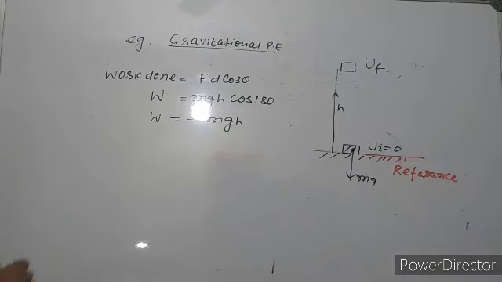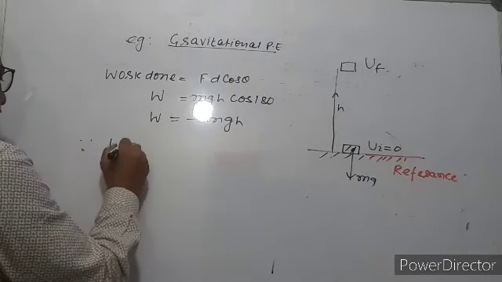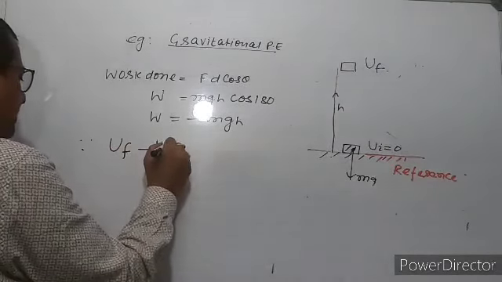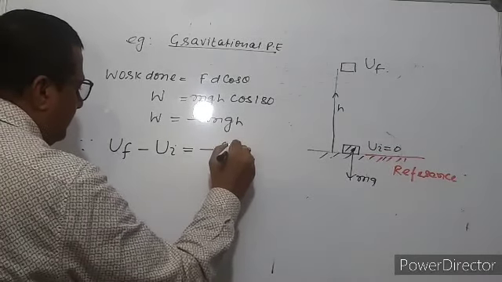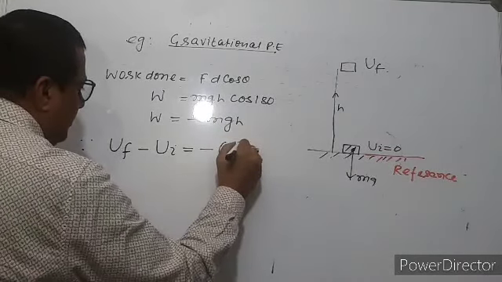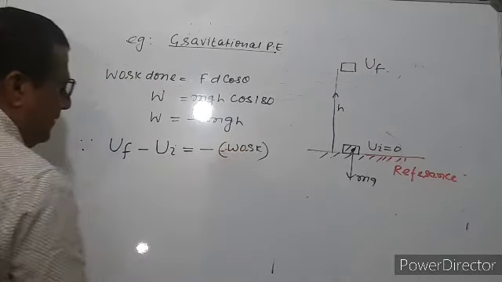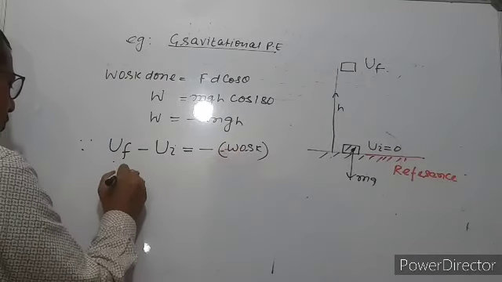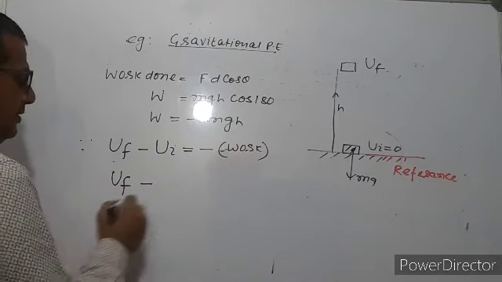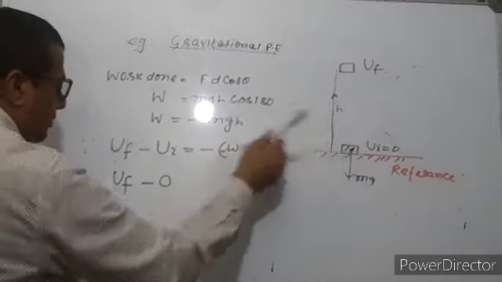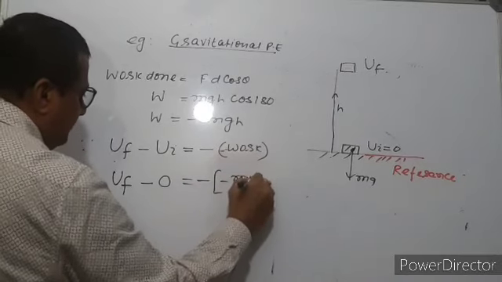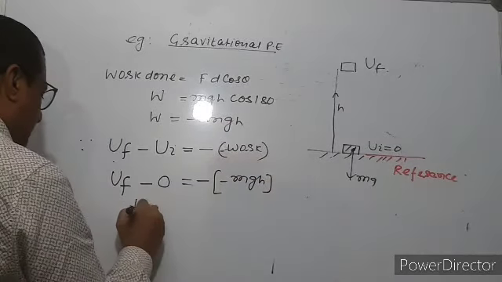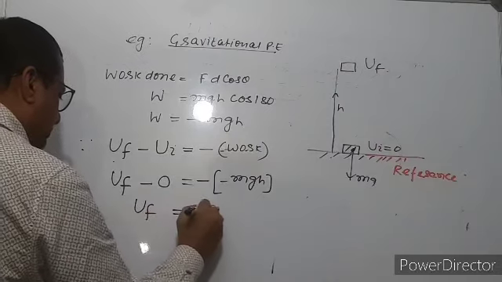Now we have the formula UF minus UI is equal to minus of work done. UF we are not knowing, UI that is 0, minus of work done, minus mgh, so final energy will be equal to mgh.